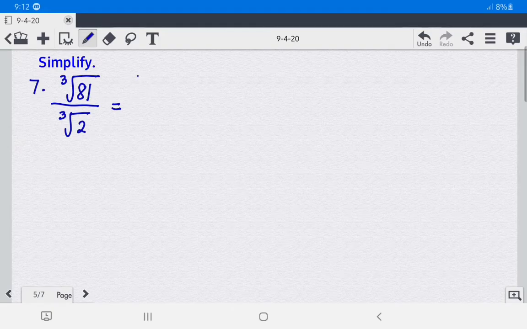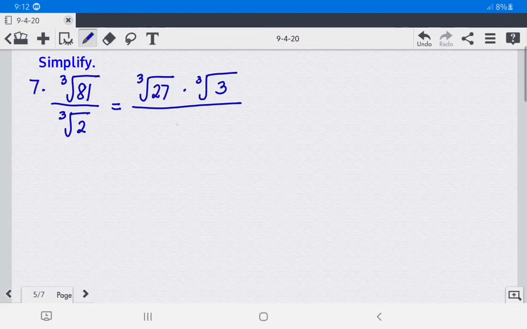So we all know that 81 has a factor wherein one of its factors is a perfect cube, which is 27, right? So we have cube root of 27 times cube root of 3, okay? Then all over cube root of 2.